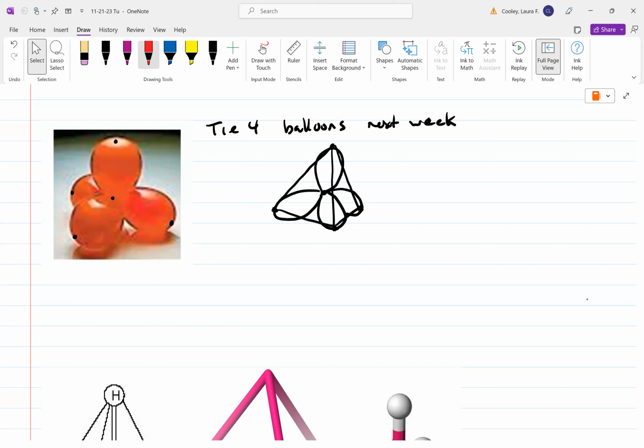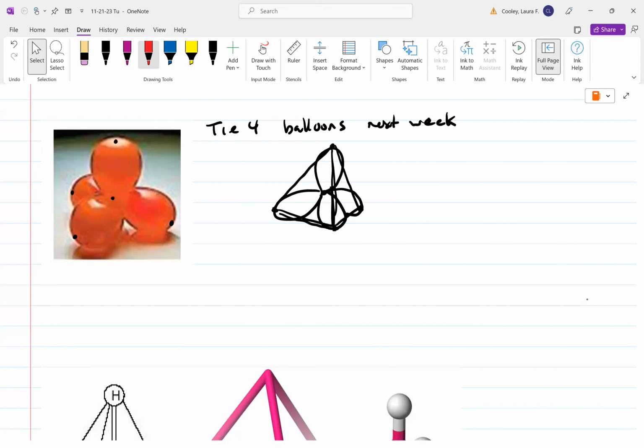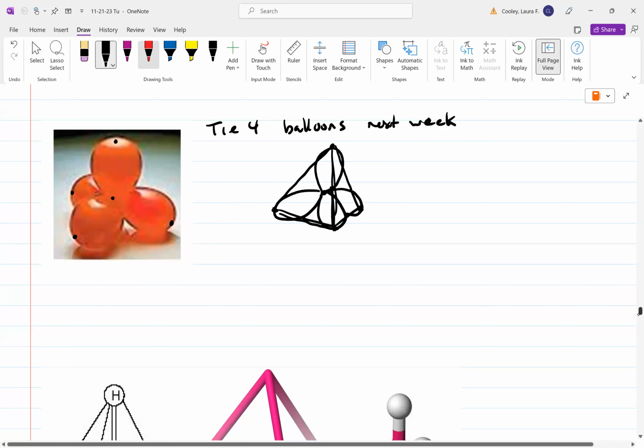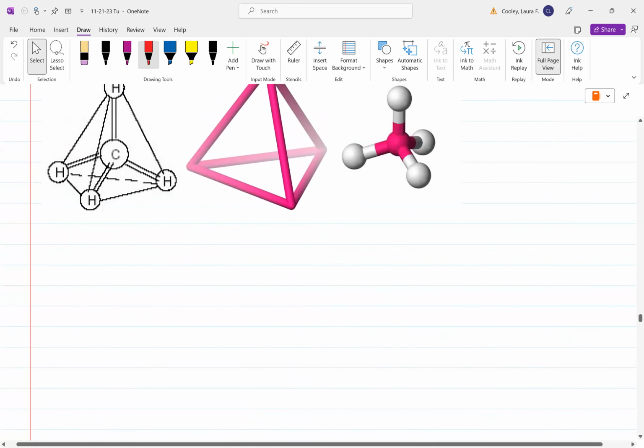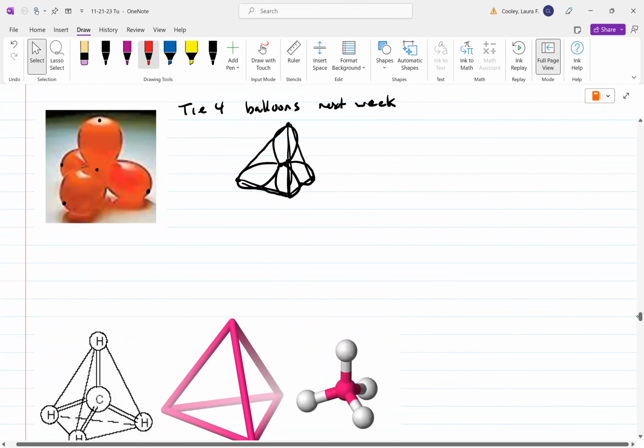See this structure I have here with a triangle here? And if I go up a little bit, you can see it. It won't let me. There it is. All right, good. So that pink little thing there, this is a tetrahedron.